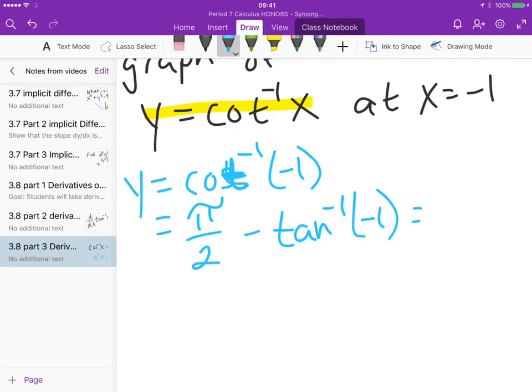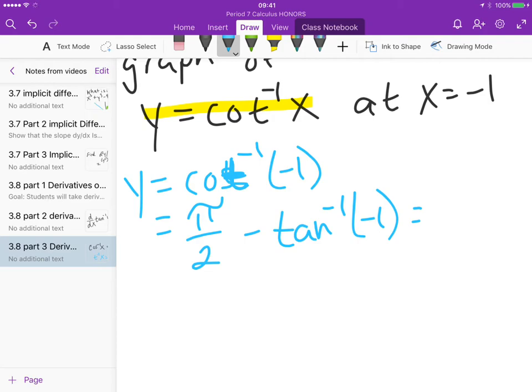Tangent inverse has a specific domain that we have to stay within. And the thing about tangent that's good to use is that tangent is differentiable for all real numbers. And so we can use that to our advantage as we're finding our particular inverses.